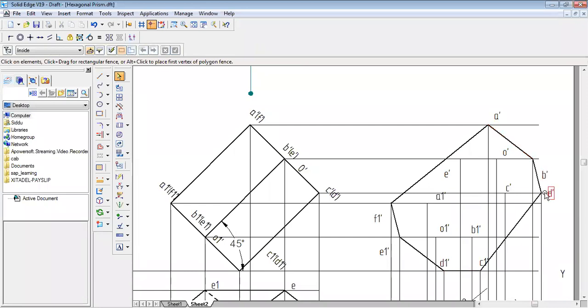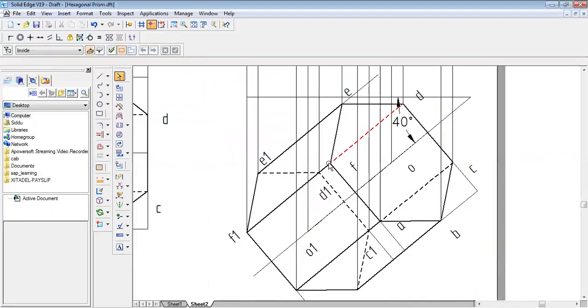So A, B, okay. So A is here. One second, I made a mistake while locating the points, maybe C, D. Sir, F dash. Yeah, here also F dash has a mistake. Where is F dash?